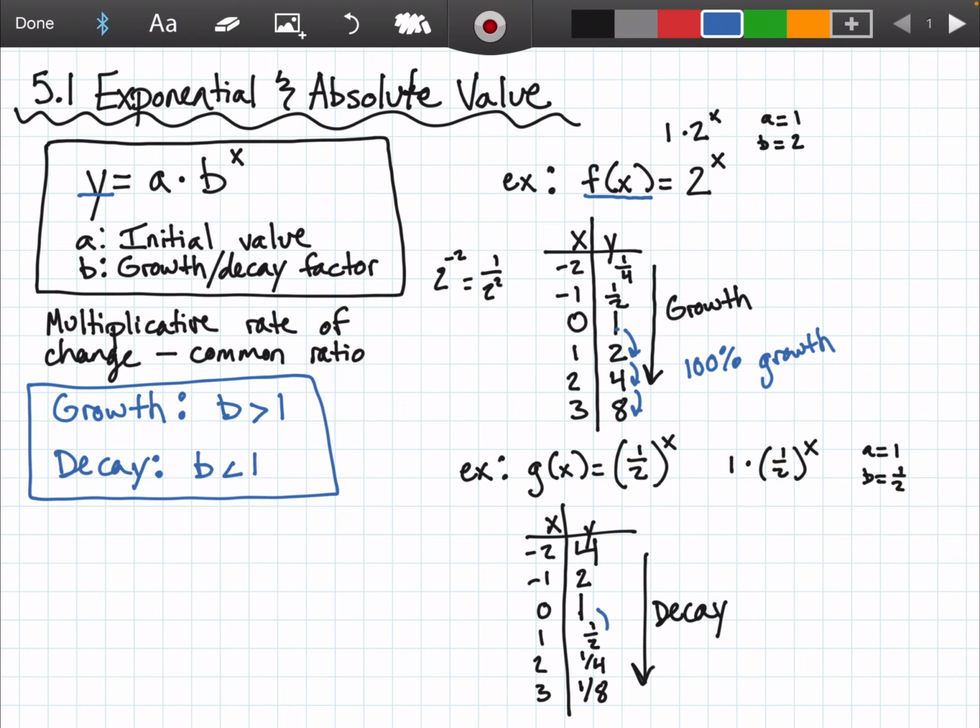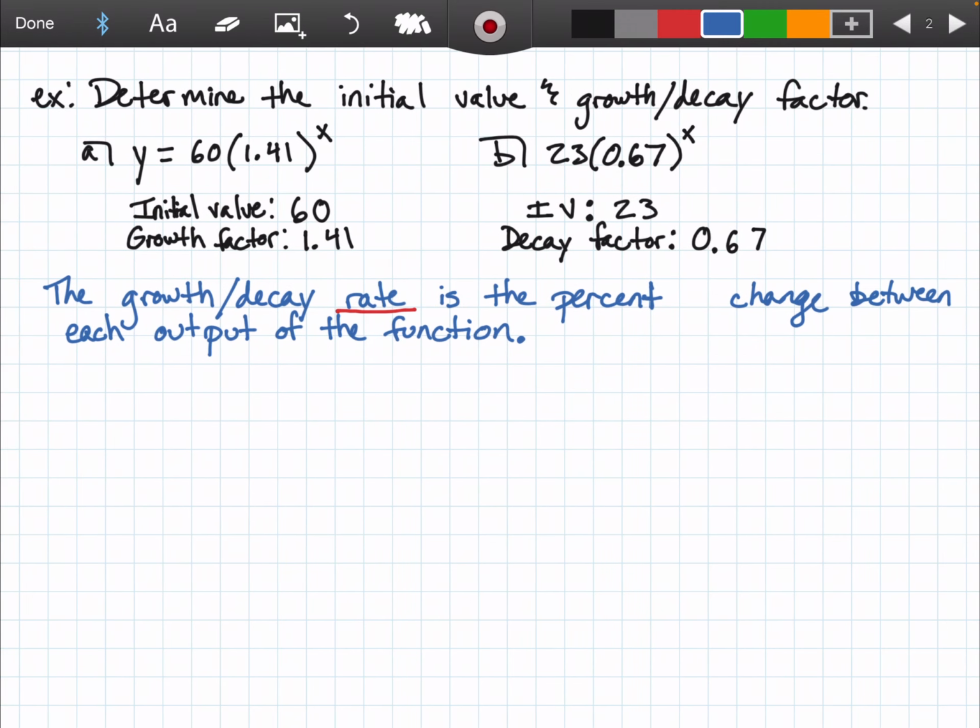Or here, from 1 to 1/2, it cut in half, cut in half, cut in half, which was a 50% decay. And so, how do you think I got that?